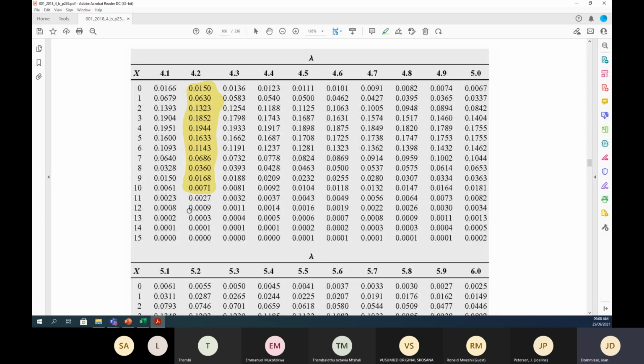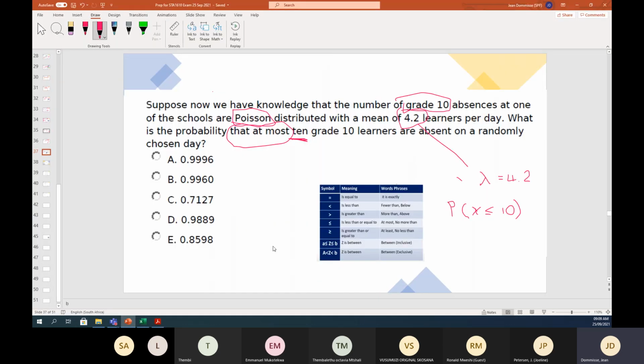So 1 minus 0.0027 plus 0.0009 plus 0.0003 plus 0.0001. When I add all of that, I get 0.004. I'm just hoping that there are no weird decimals.